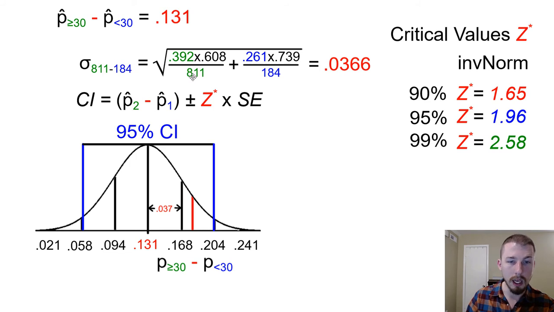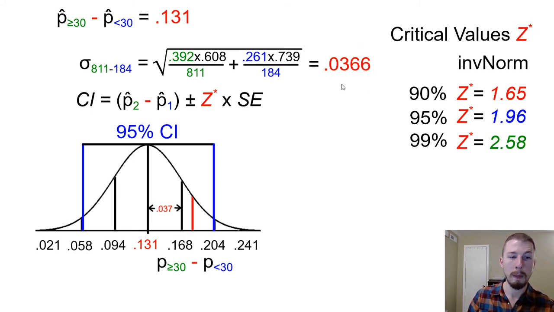So we take the variation of the older than 30 and the variation of our sample of 184 that were under the age of 30, and then we add the variations together and take the square root to get the standard deviation for the two independent events, which are our two groups of those over and under the age of 30 with those respective sample sizes, which gave us a difference of, instead of 3.9, now it's 3.66% for our standard deviation.